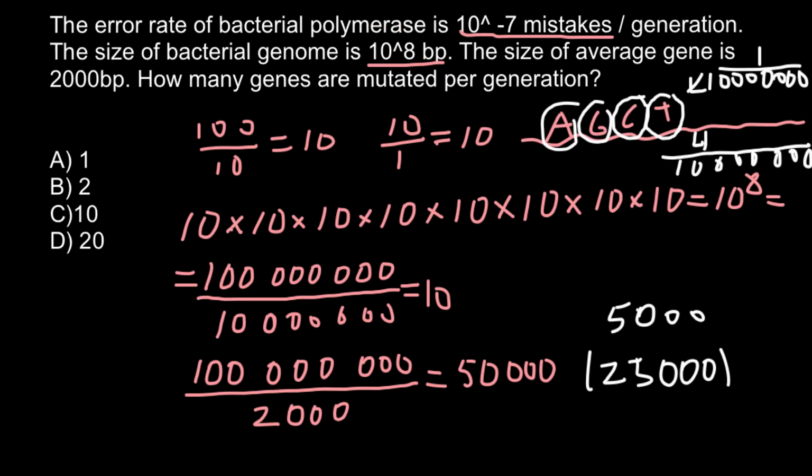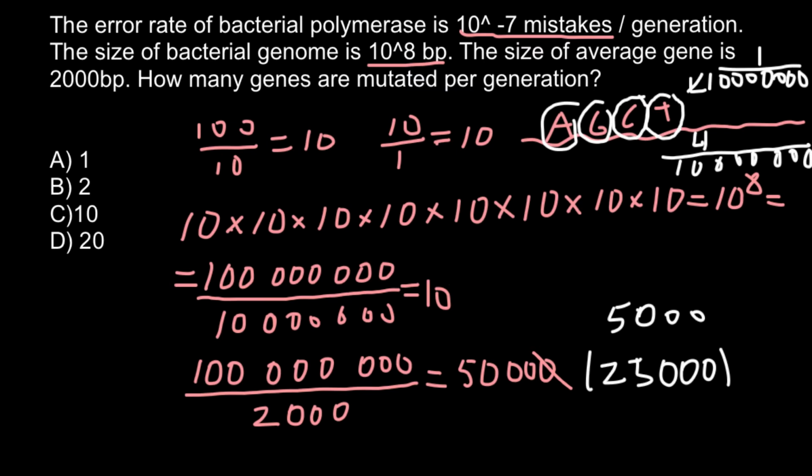So instead of 10 to the power of 8, we should have here 10 to the power of 7. Then we will get 10 million here, and if we divide by 2000, we are going to get rid of one zero, and we are going to get a realistic number of genes in the bacterial genome. That is about 5,000 genes.